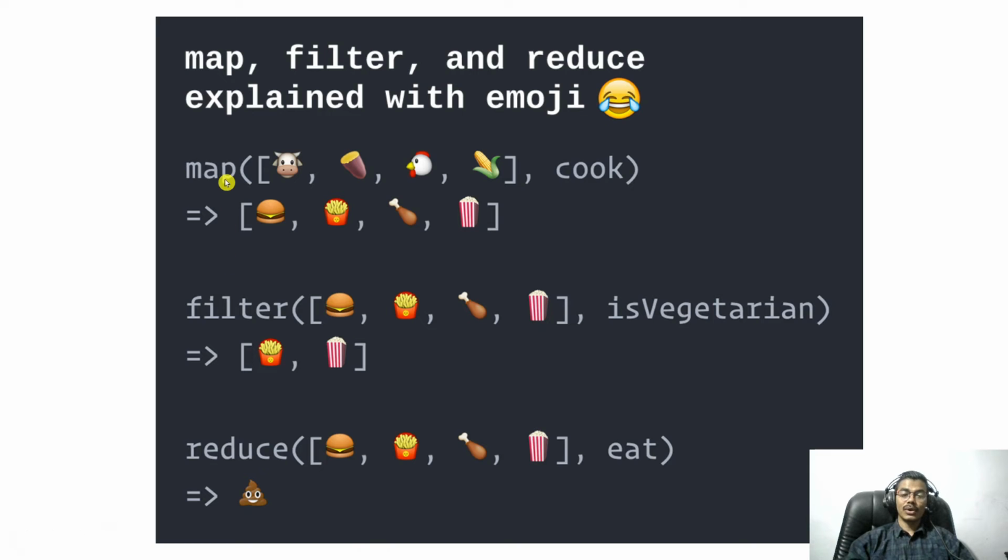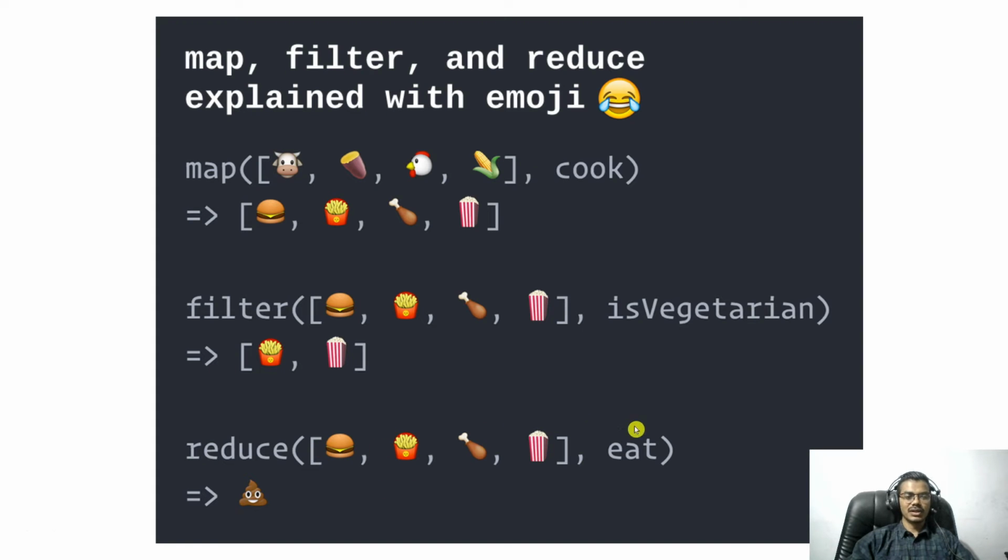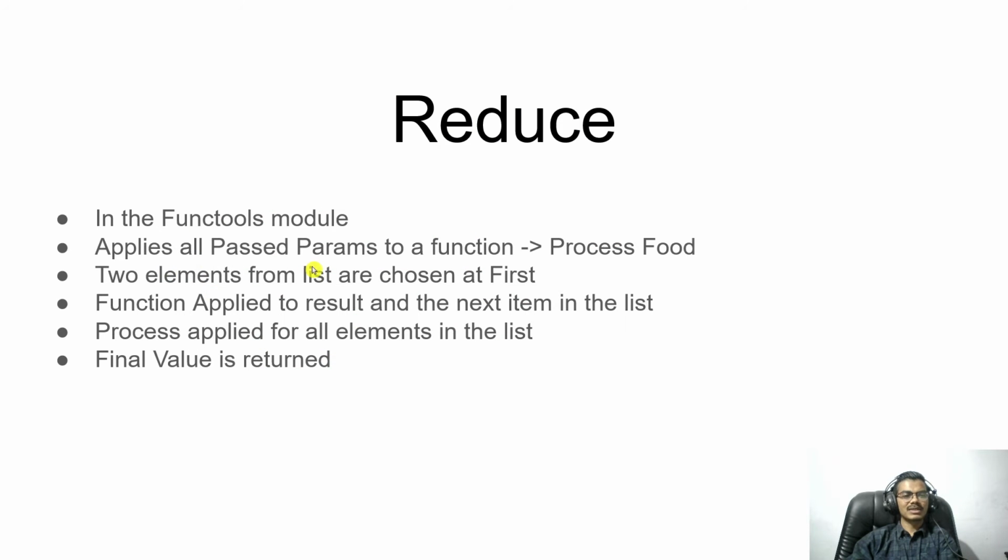So now I hope map, filter and reduce are pretty clear to you, and now we will get started with the reduce function. This is pretty important guys, so don't skip. I'll just go over this quickly and then we'll jump into code. The reduce function is available in the functools module. As you can see here, all the elements are applied to the function.